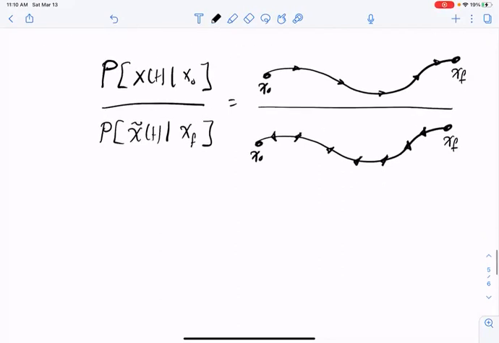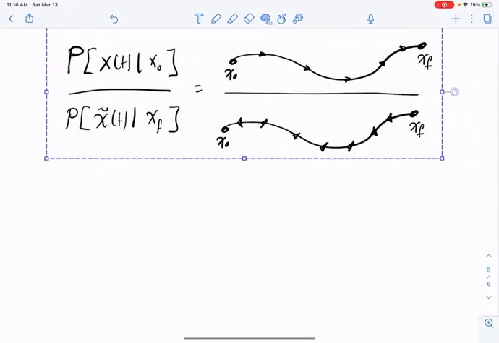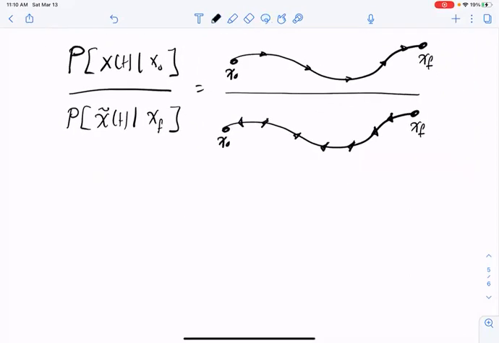So from our stochastic path integral, we know how to write those down. Normalizations cancel, which is nice because they get a little bit awkward in the continuum limit.